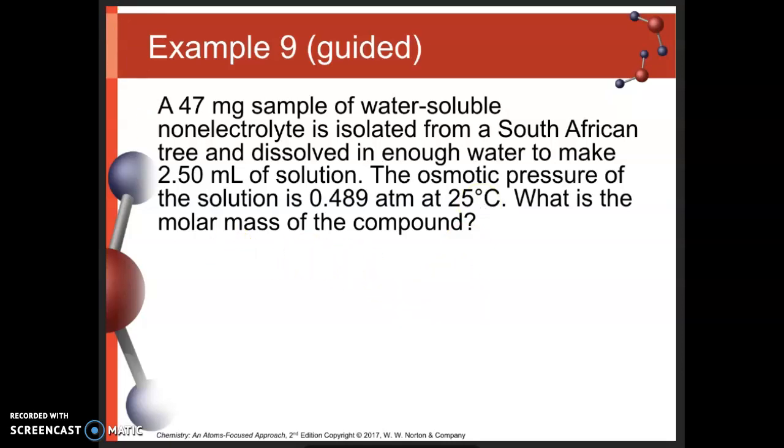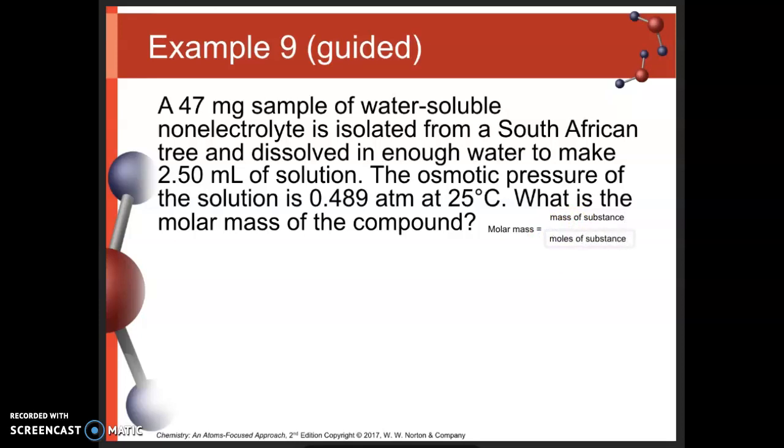Well, as with most problems of this kind, it really comes down to definitions. Molar mass can be found by taking the mass of a substance and dividing it by the number of moles of a substance.